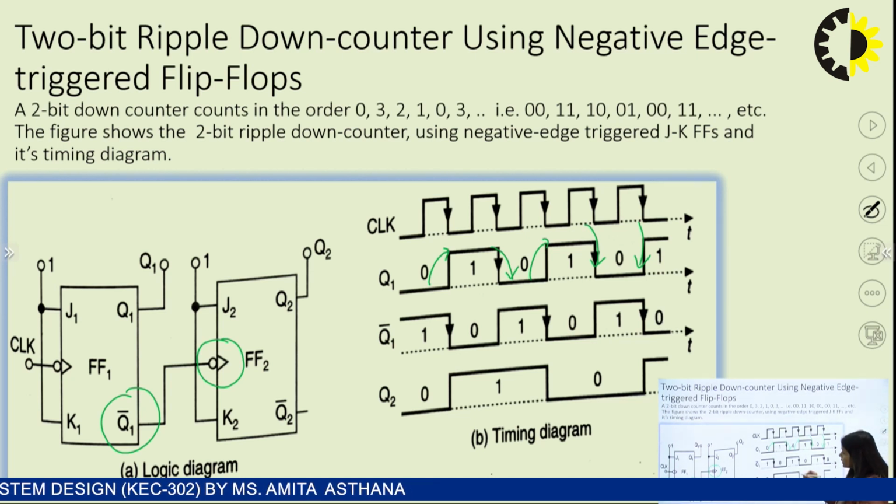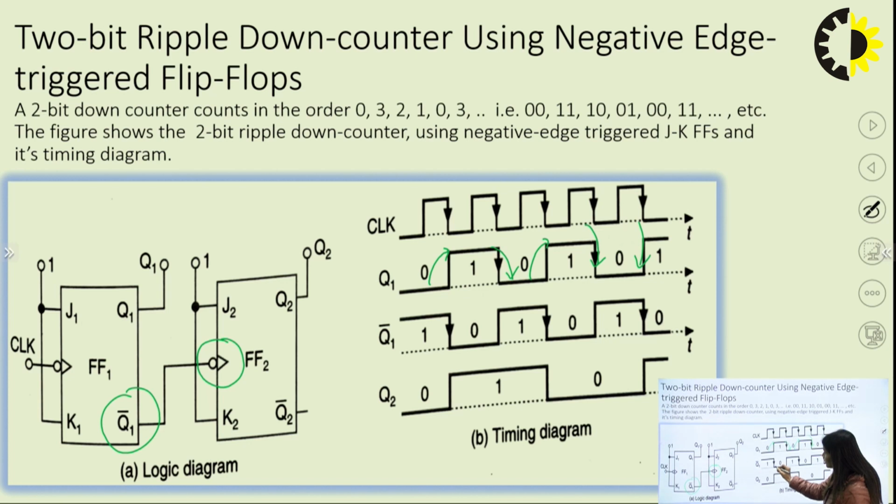If this is Q1, then this is the Q1 bar. If Q1 is 1, I have made it 0. If it is 0, I have made it 1. If it is 1, I have made it 0. If it is 0, it has been made 1.